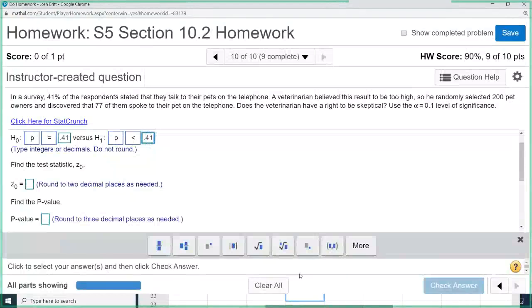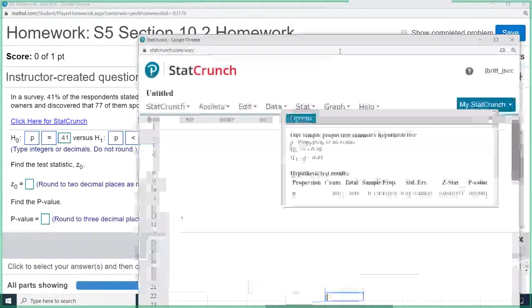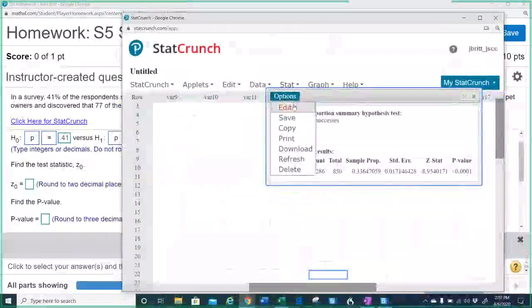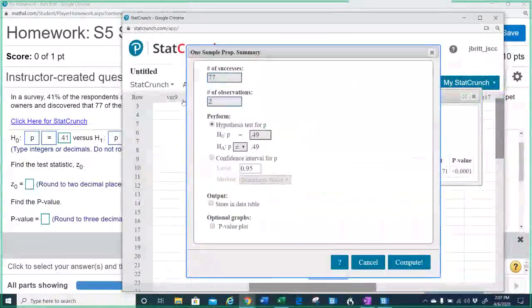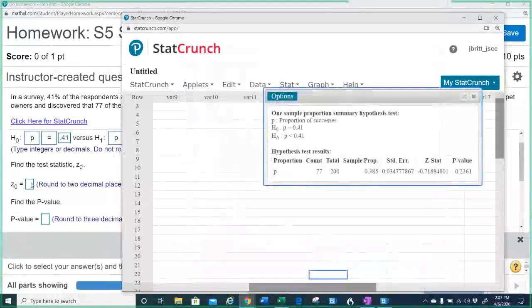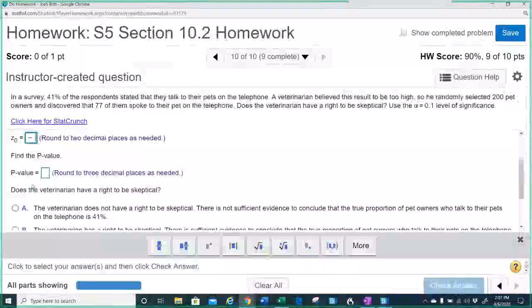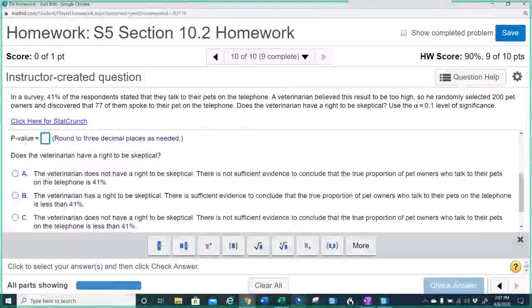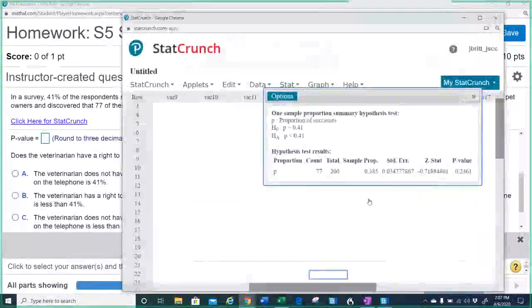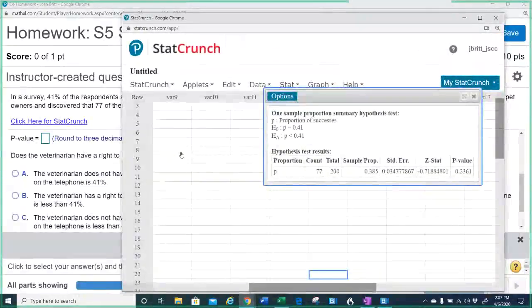And now we'll compare our sample evidence. So out of 277 said that they talk to their pets, compared to 41, it's less than, test statistic minus 0.72. P-value is 0.236.